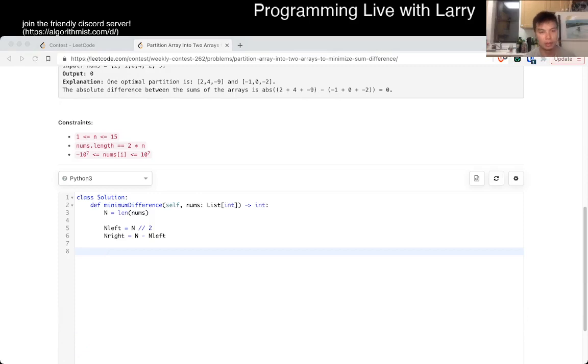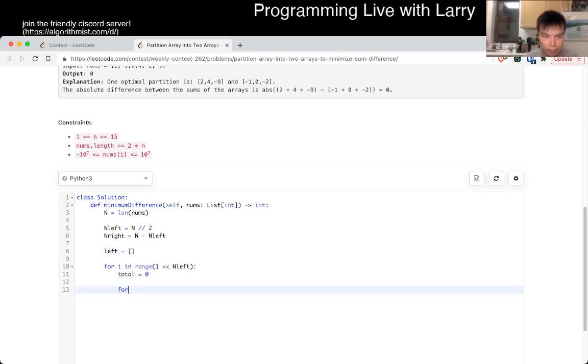Okay, yeah, I think it's just meet in the middle then. No, it's fine.